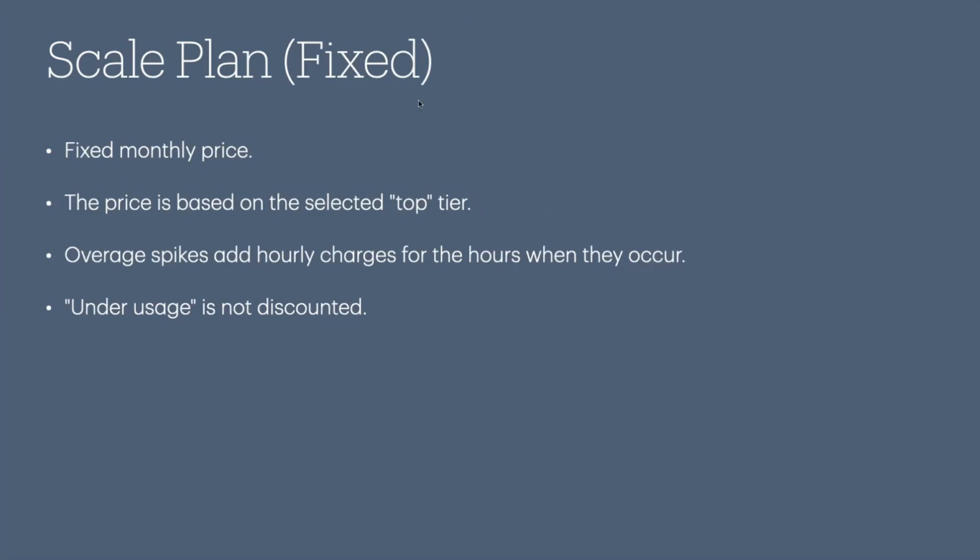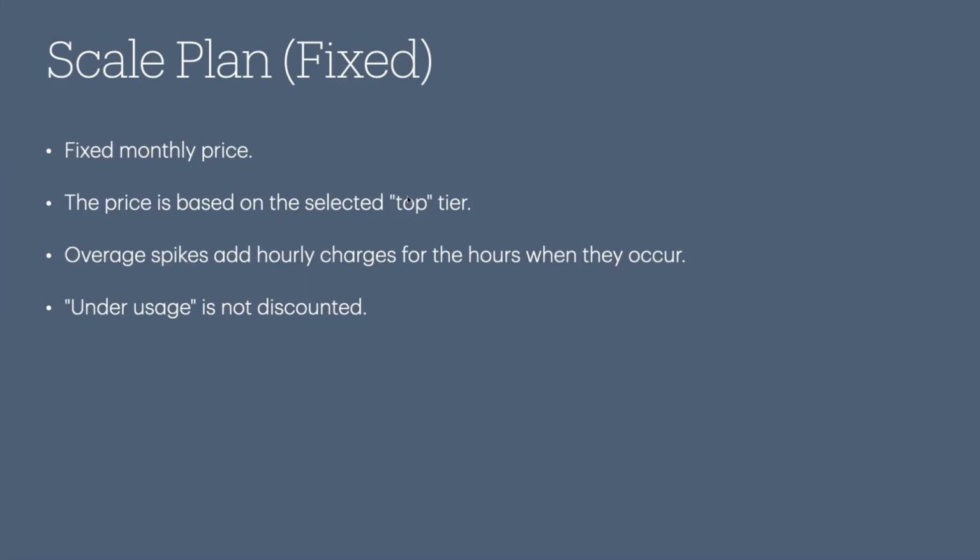With the fixed plan, it is going to be a fixed monthly price. And that price is determined by a tier that you select. So the same tiers that we have with the scale plan, which, the current plan, by the way, will be called scale plan variable, because it varies, every day determines the price. With a fixed plan, you determine the top tier that your app is going to be in. So let's say you select that your app is going to be in tier 5, and then there is a fixed monthly price for that tier.